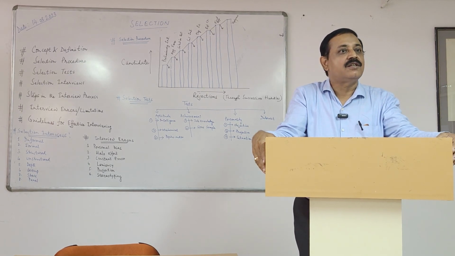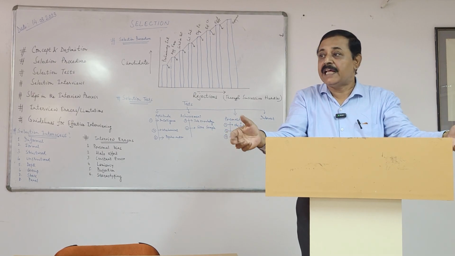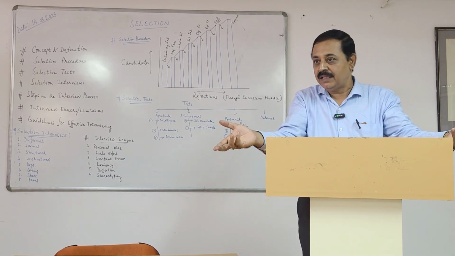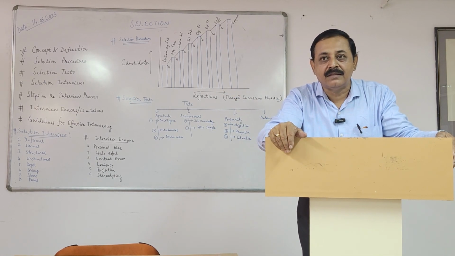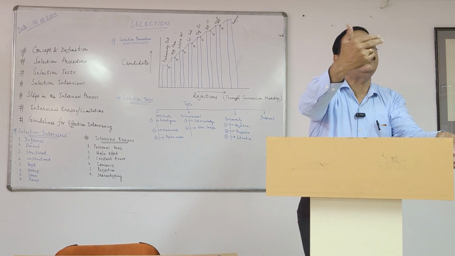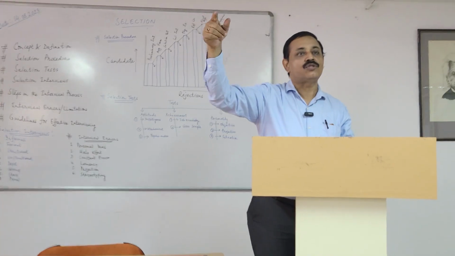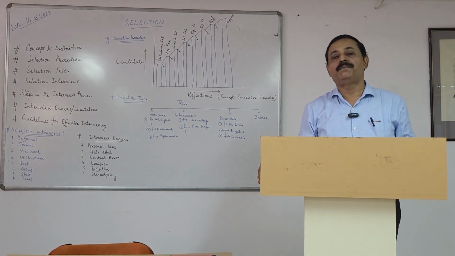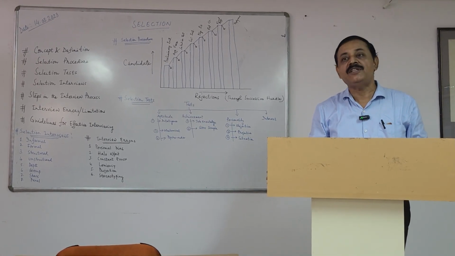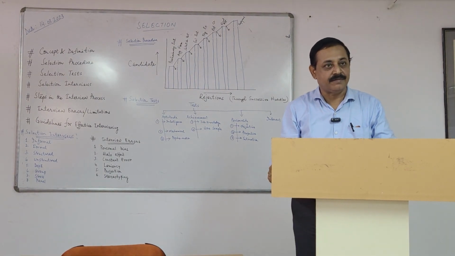That person is not able to judge, or maybe sometimes deliberately not acting in that way, so as to assign the right marks to the candidate. So, whenever any interviewer assigns high scores to each of these candidates, then it can be said that the person has a limitation, an error, that is called leniency.